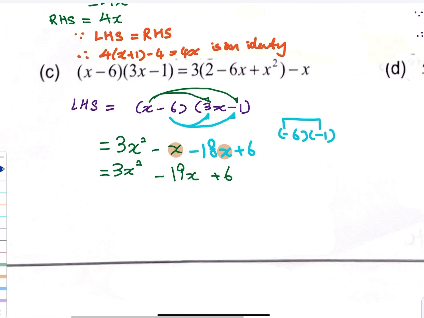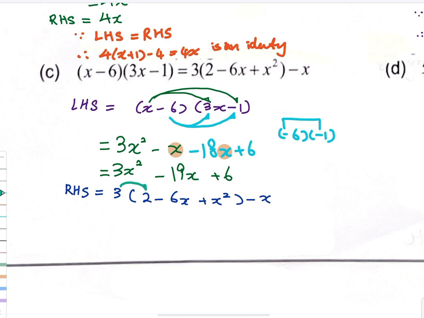How about the right hand side? Right hand side we have 3 bracket 2 minus 6x plus x squared minus x. And then again open up the bracket. The first one goes to everything inside. 3 times 2 you get 6. 3 times negative 6x.